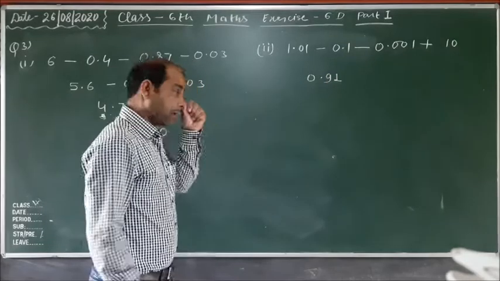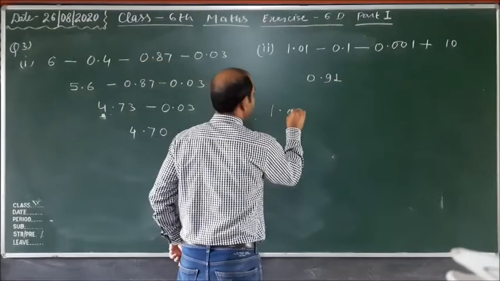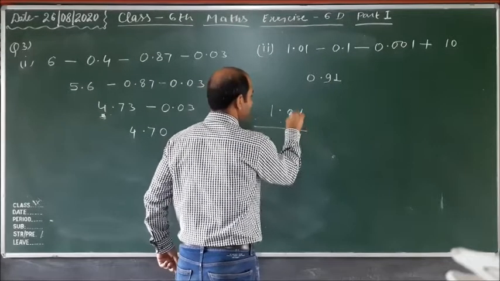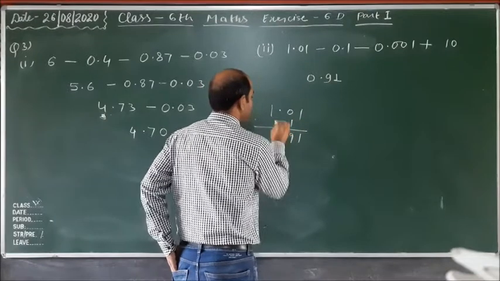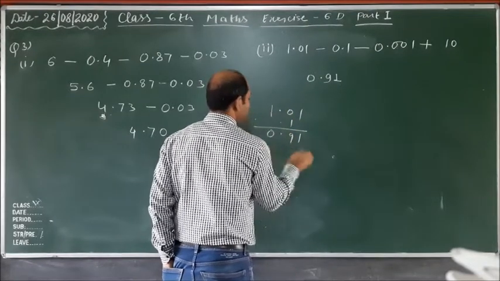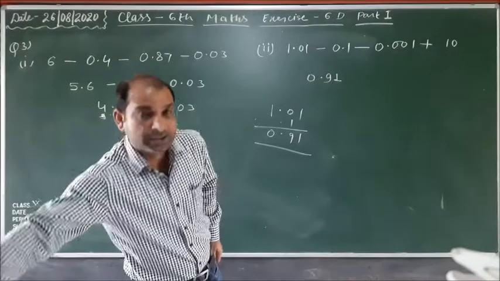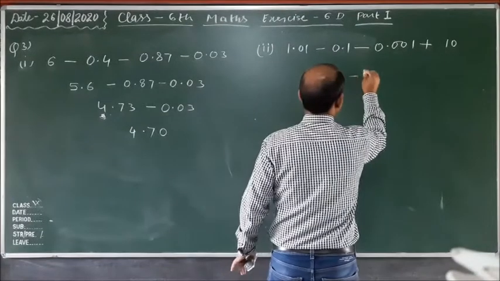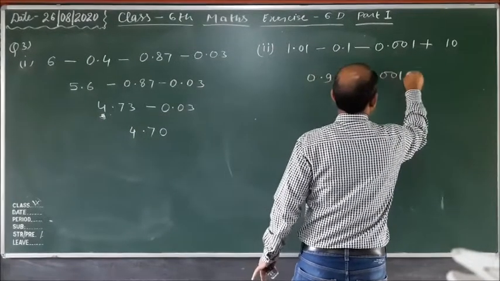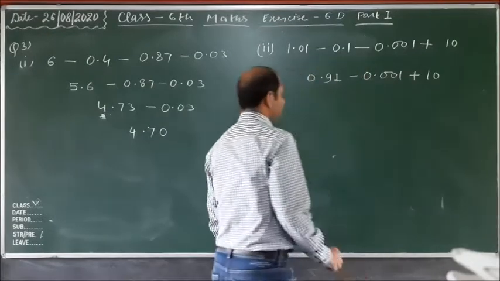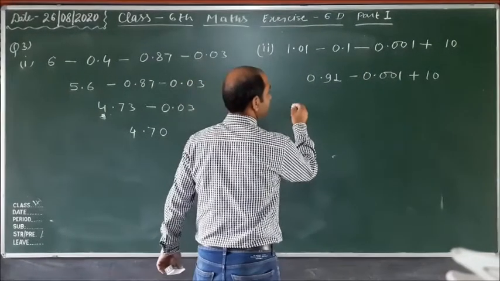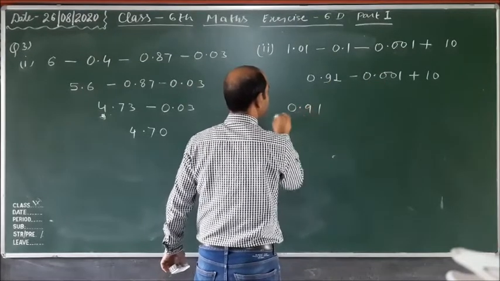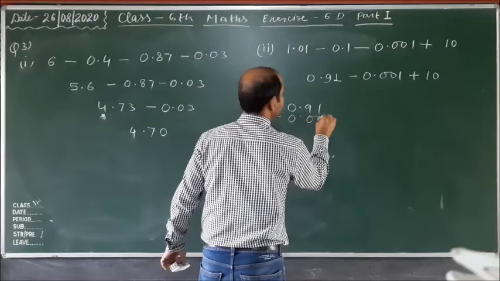Okay. Now you can also solve this time 0.1 and 0.1 this time. So 10 minus 1 equals 9 and 1 is 0, 91. Your answer is 0.91. Now minus 0.001 plus 10. So first we subtract this number from this number. So 0.91 minus 0.001.